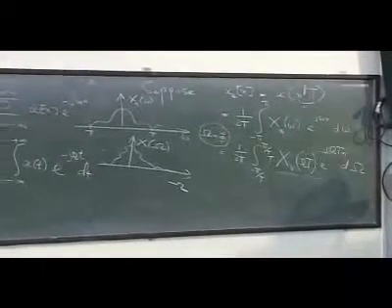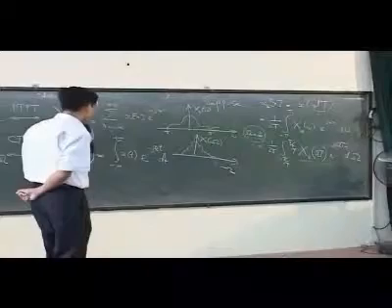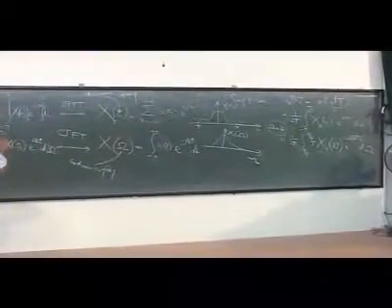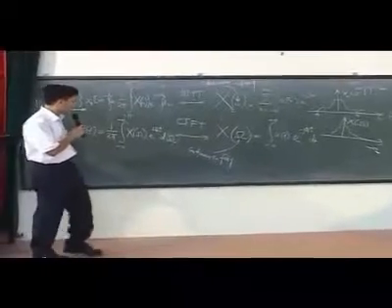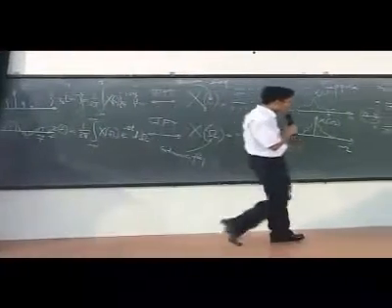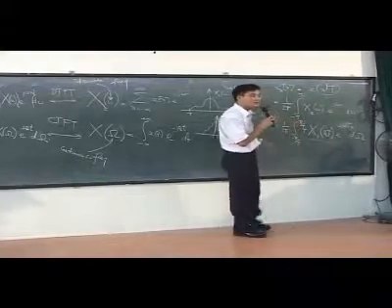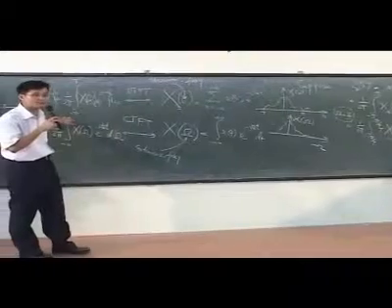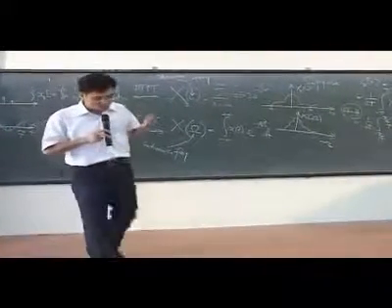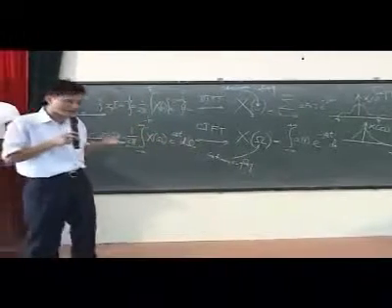So you see that I almost have this integral, except the range of integration is from minus pi over T to pi over T, whereas this one is integral from minus infinity to plus infinity. So now I'm going to try to get some insight.